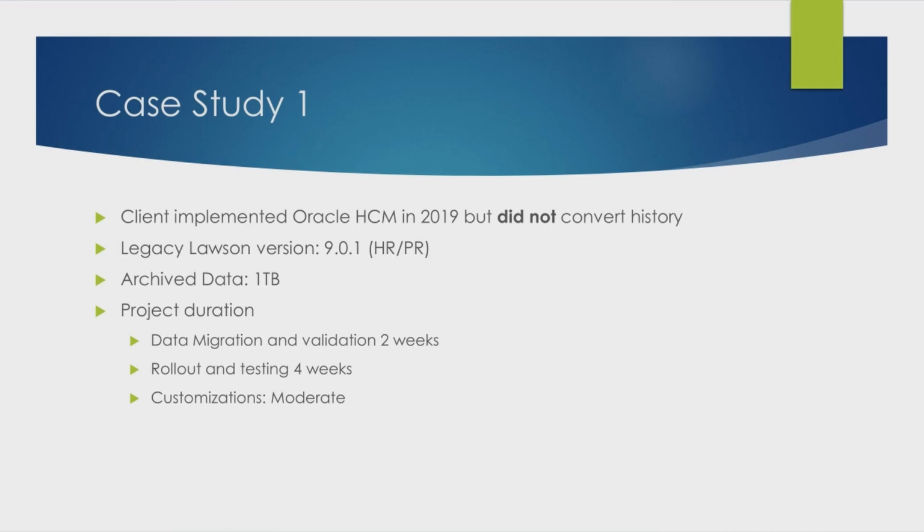And a lot of customers are actually in that boat. They were on version 9.01 of Lawson. They had HR payroll, about 1 terabyte of data, and the data migration and validation took about 2 weeks, and then the rollout and testing was a 4-week project. They did some moderate customizations because they had some custom data that they wanted to continue to have access to.